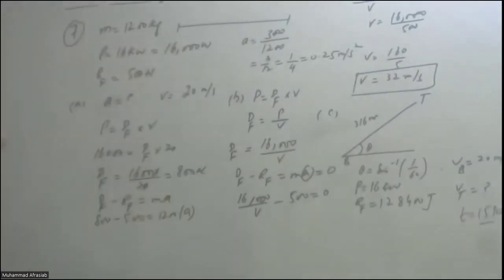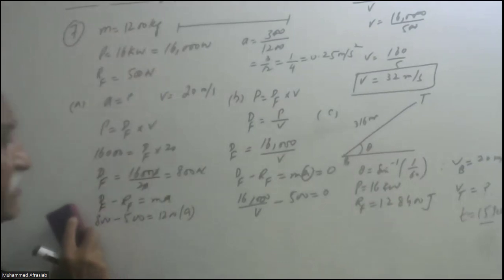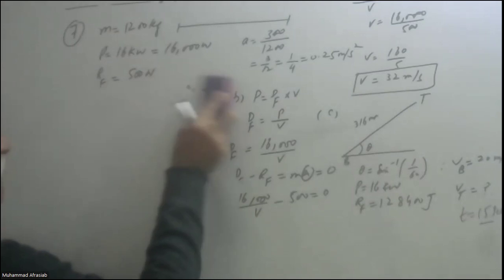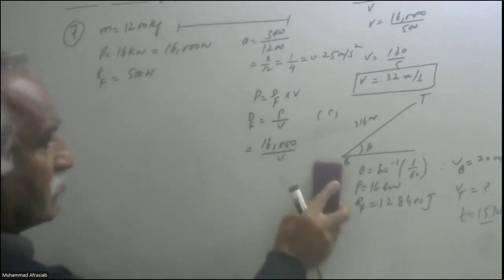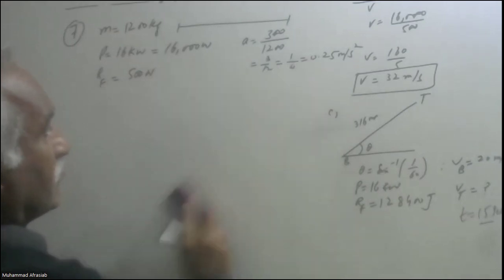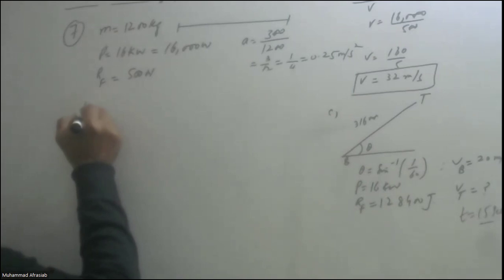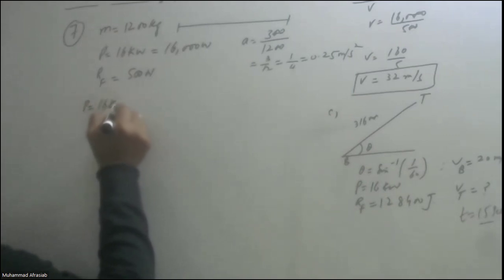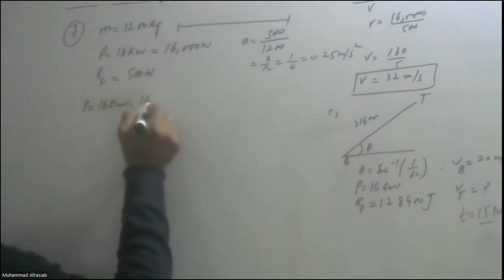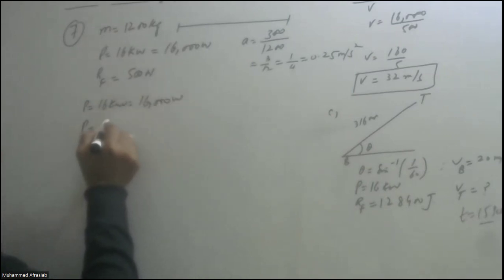Since the car is moving from bottom to the top of the hill of 316 meters, and power is the same at 16 kilowatt, which will be 16,000 watt, but power is equal to work done over time.